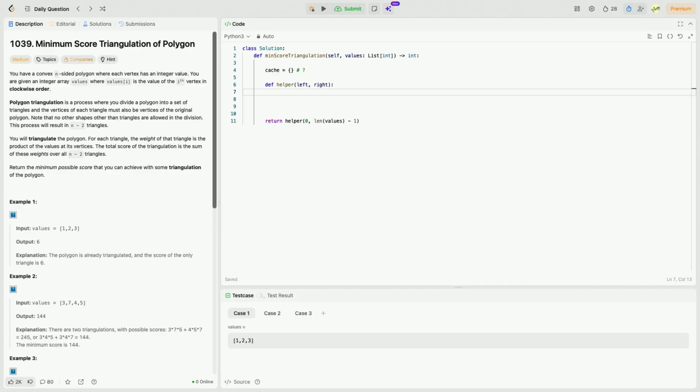Well, what is the edge case where we should terminate the recursion? If we have less than 3 vertices in that range, then we can compute a score, right? So it would be 0. Let's think about it. Should it be 0?